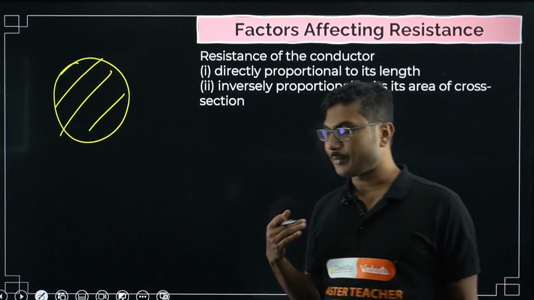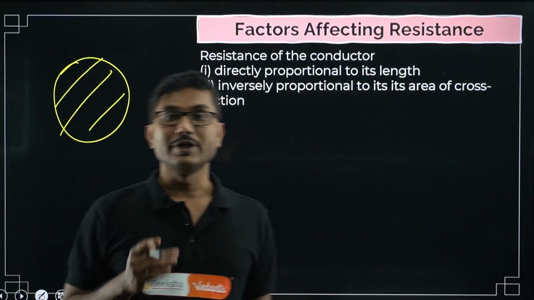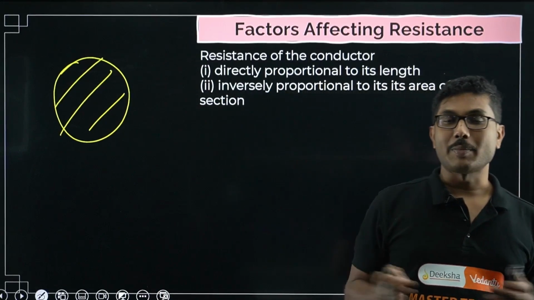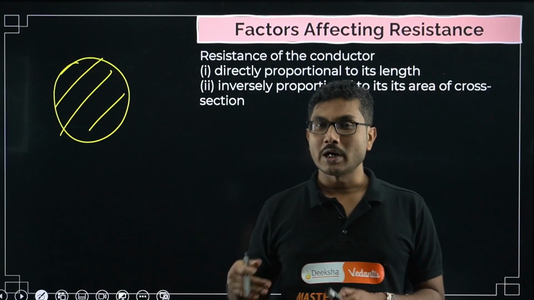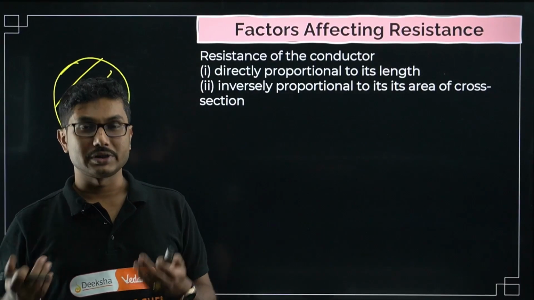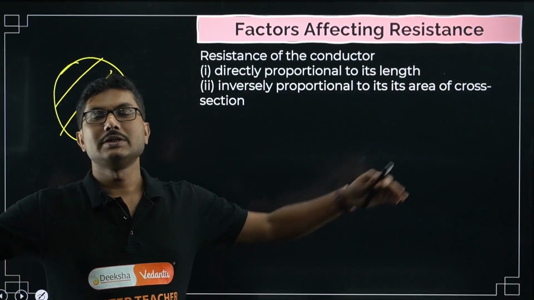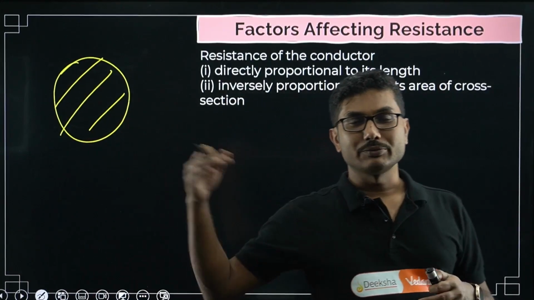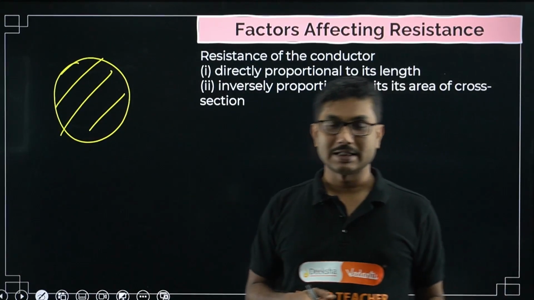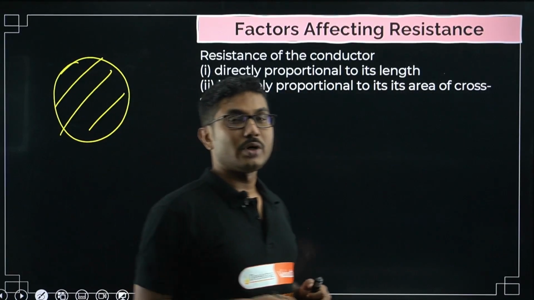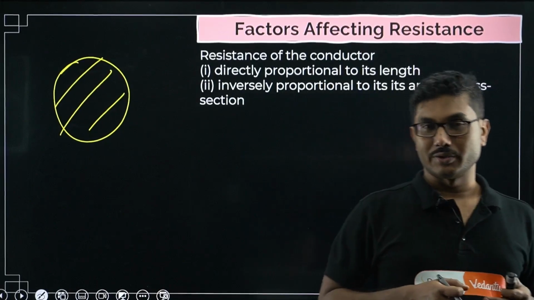I can give you one example of cars moving on a highway. The longer the path, the more cars and vehicles you have to cross on the road, so there will be more resistance. But if the road is very wide, more cars will travel in their respective lanes, and it will be easier for a driver to navigate through a wider road than a narrower road or narrow city traffic.